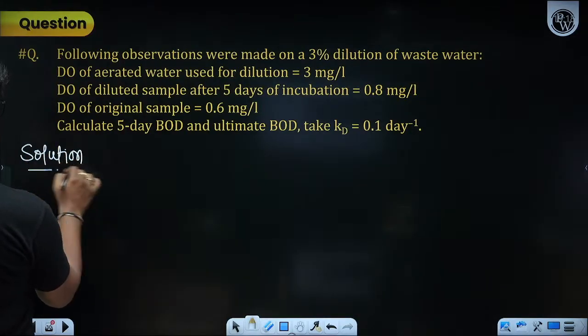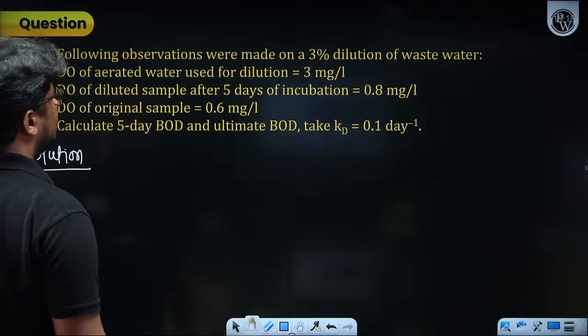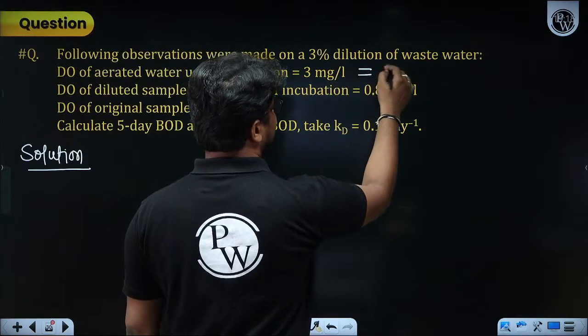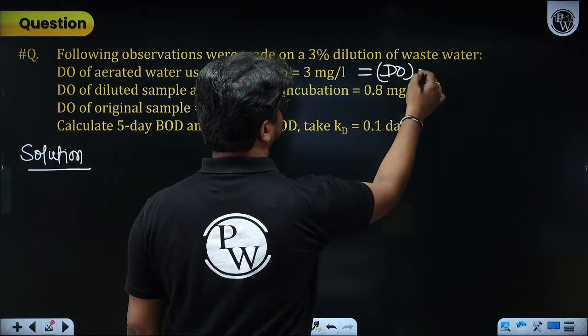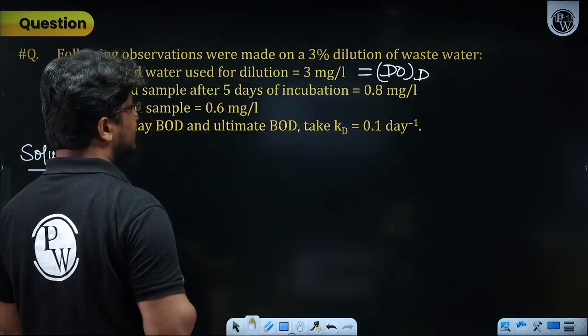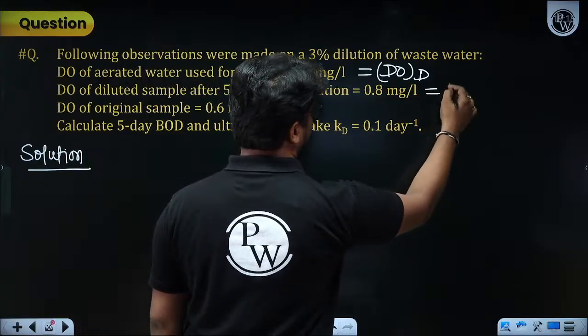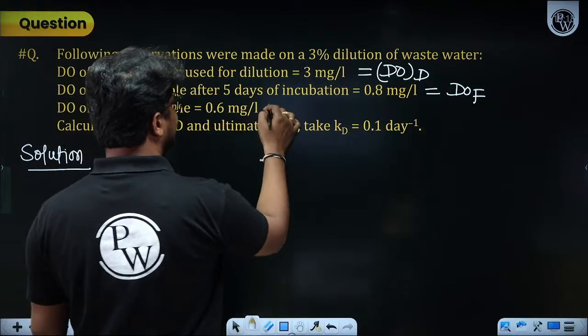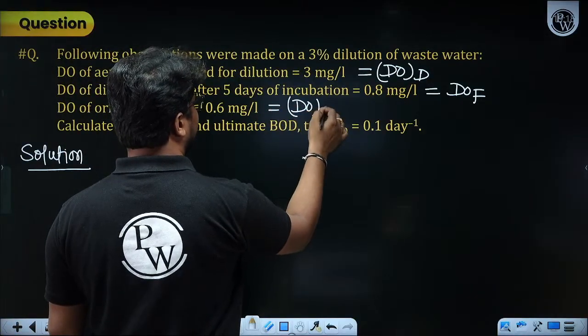First of all, DO of aerated water used for dilution. That means they have given you the DOD part. DO of diluted sample after 5 days of incubation. That means they have given you the DO final part. DO of original sample. That means they have given you the DO of sewage.